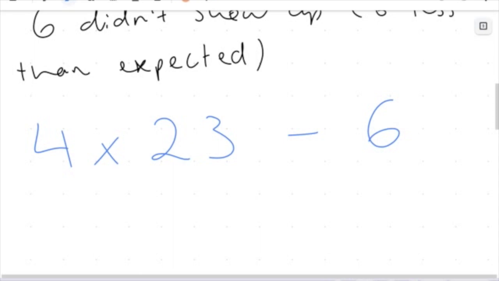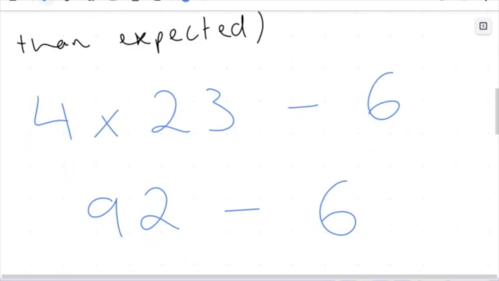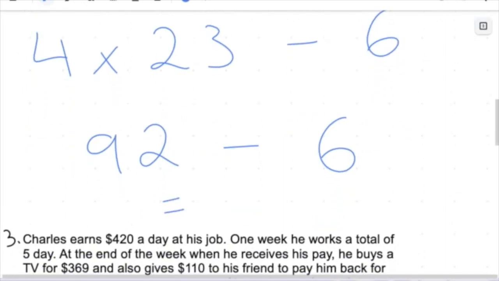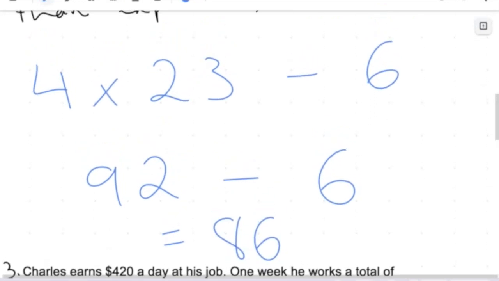But if I do my 4 times 23, I get 92. So I'm going to replace this thing here with 92 in my second line of working out. And from that, I'm going to subtract 6. And that there is going to give me 86 as my answer.